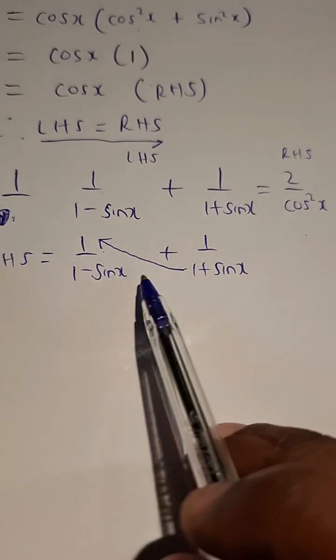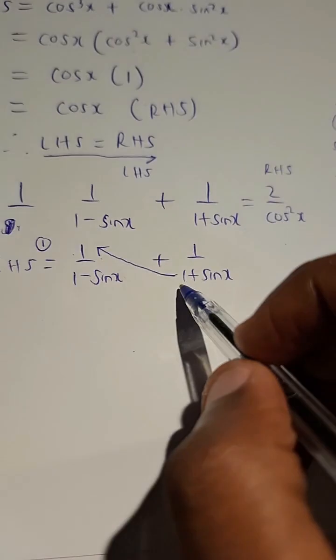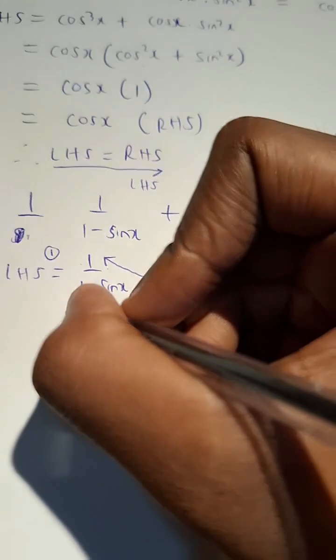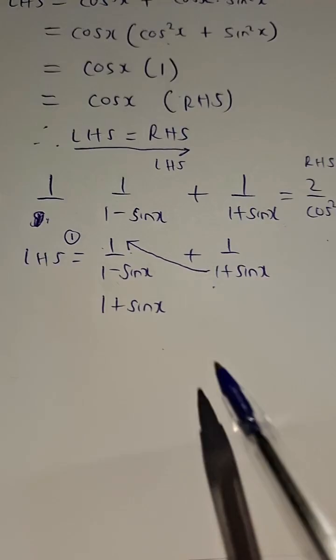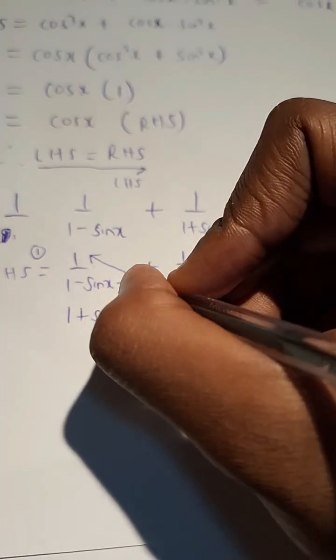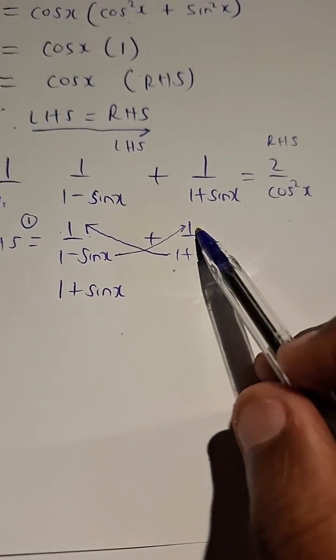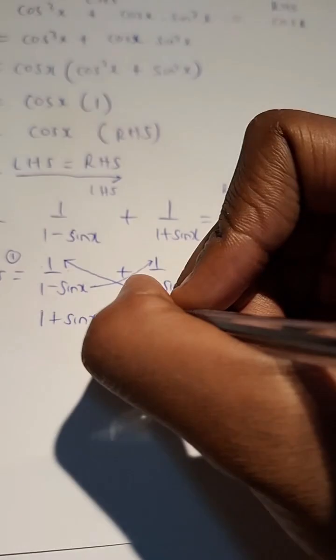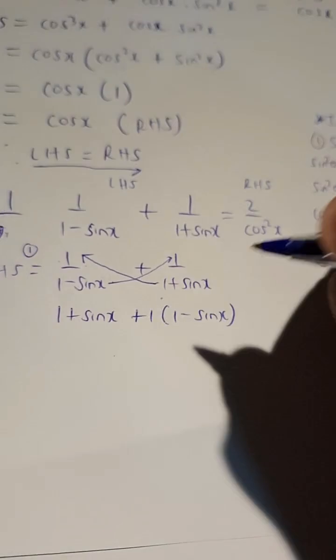okay, you multiply it with the 1. So that becomes 1 into 1 plus sine x. That becomes 1 plus sine x here at the top. You then take this denominator, you multiply it with this numerator on the side. Okay, this is a positive, so we have plus 1 into 1 minus sine x.